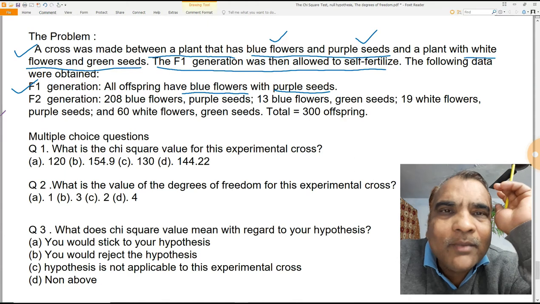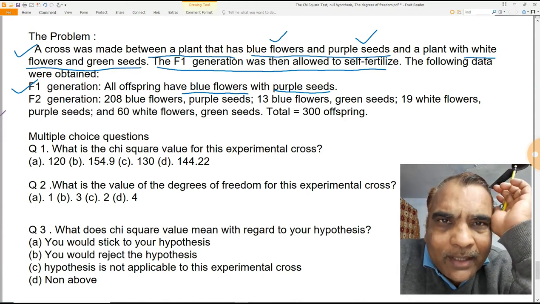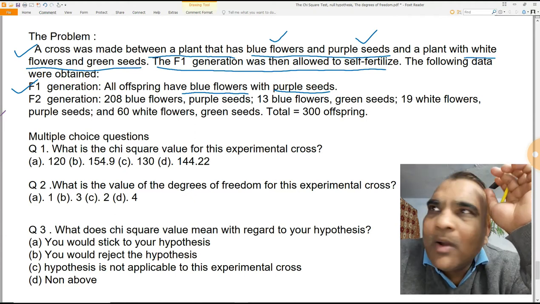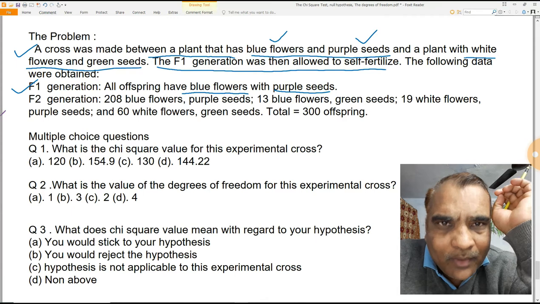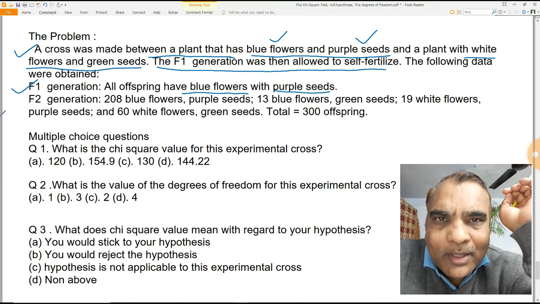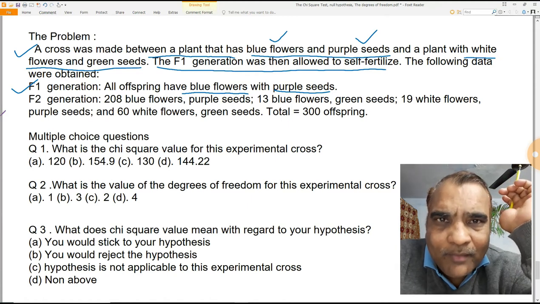And the second thing we have observed is that all the seeds are purple in F1. That means purple seed is a dominant phenotype over green seed. So from the F1 we are finding out the dominant trait or dominant phenotype. Now let's look at the F2 data.